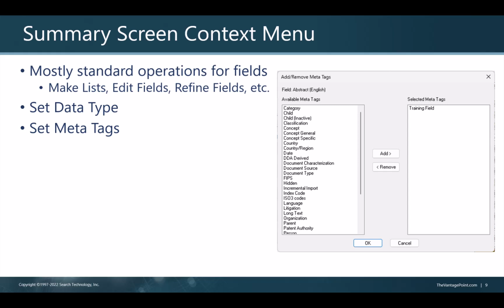Over time, we've used meta tags to make VantagePoint a little bit smarter about what fields it suggests for cleaning and analysis. For example, list cleanup looks for meta tags like organization or person when suggesting a default cleanup algorithm. The training fields are used by the classifier. The country fields are used for the world map.